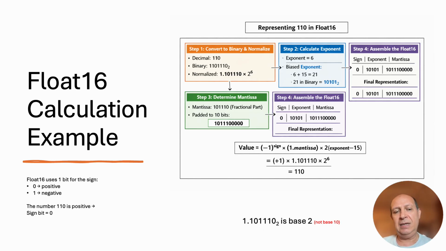Now the mantissa in the float 16 is represented as 10 binary digits, not 5, not 6, not 4. So what do we do? How do we fit a 6-digit into a 10-digit format? All we need to do is to pad it. We need to add some zeros on the most right-hand side. So in this case, the mantissa, when padded to 10 bits, becomes 101110, and then the remaining zeros all the way.